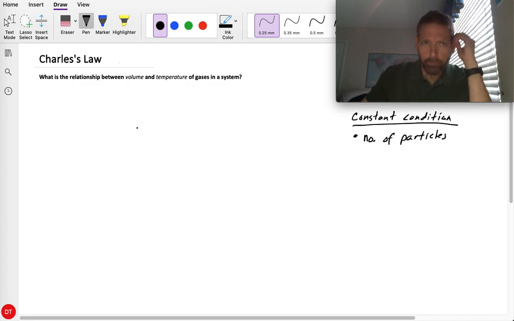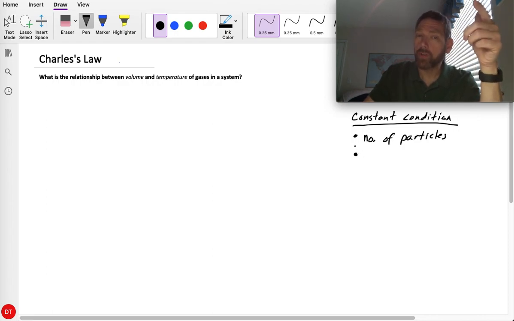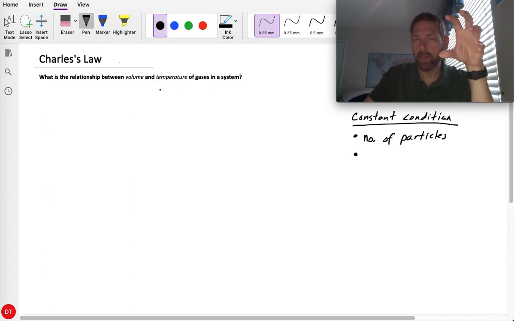So this right here is one, and in a second we'll think about what the other condition has to be. You probably already figured it out, but let's sketch this out.